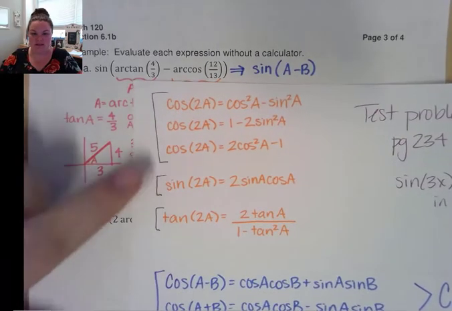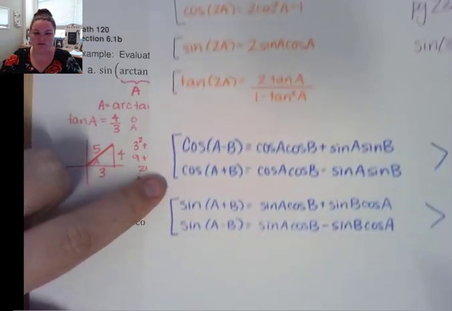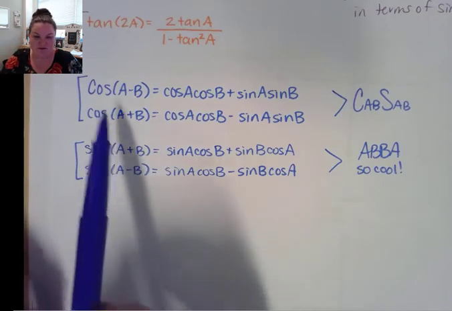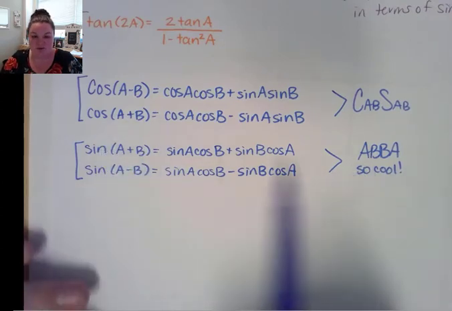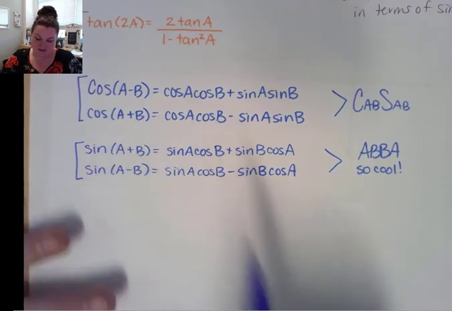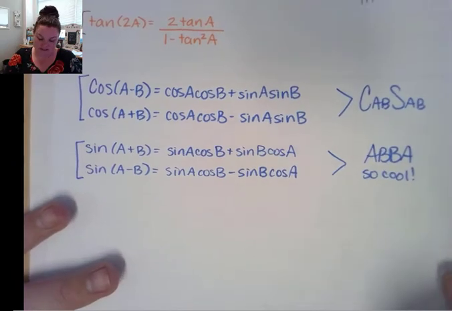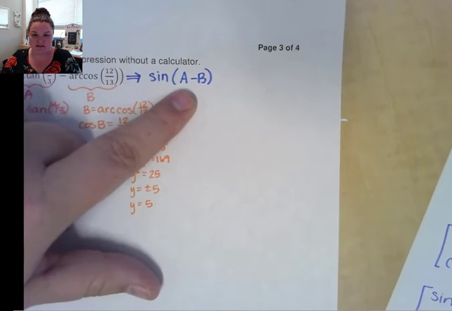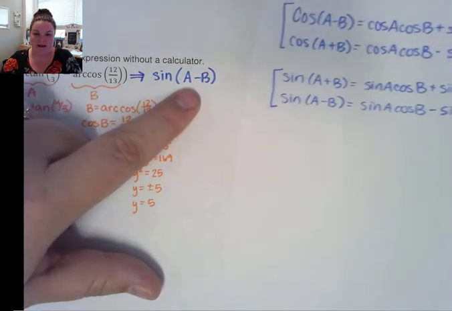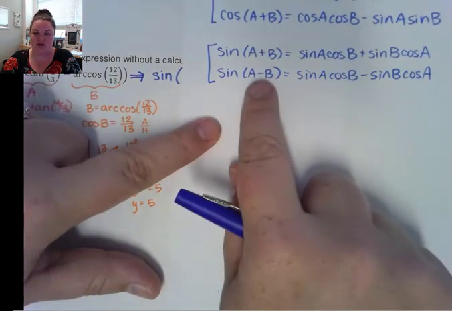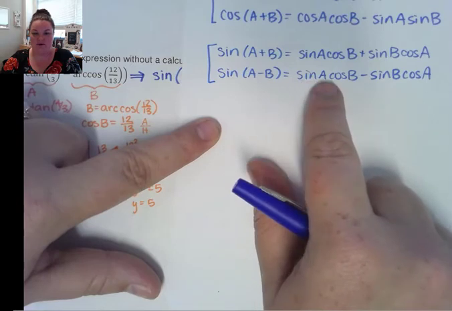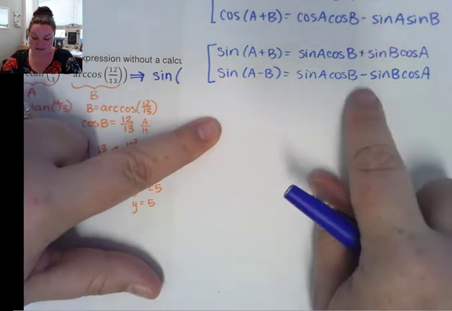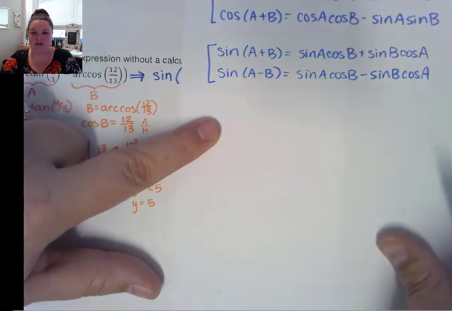Remember these? CAB SAB for cosine and ABBA so cool for our sines. What we have here is a sine of two angles being subtracted. So if I look back at my sine of two angles being subtracted, I do the sine of the first angle times the cosine of the second minus the sine of the second times the cosine of the first.